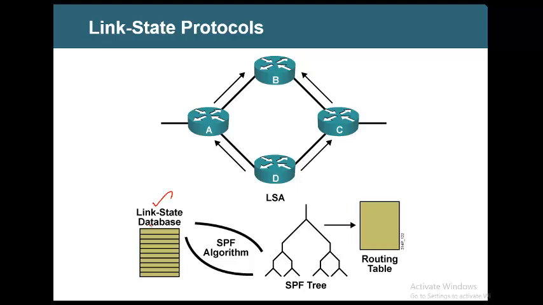So every router has got a common link state database. And on this database, the SPF algorithm is going to run on each router to find out the shortest path.